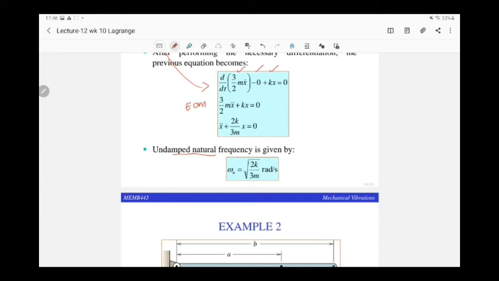So you can rearrange it in this form, which is quite similar to your theta double dot plus omega n square x equals 0. This is the general form. Whatever coefficient is here is basically your omega n square. So to get omega n, you just take the square root of that.